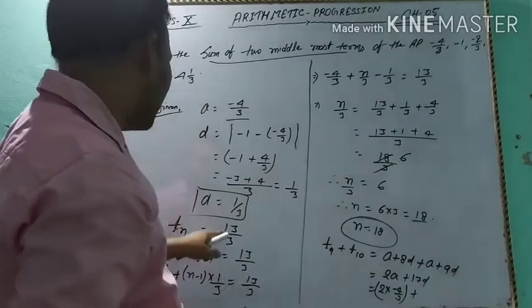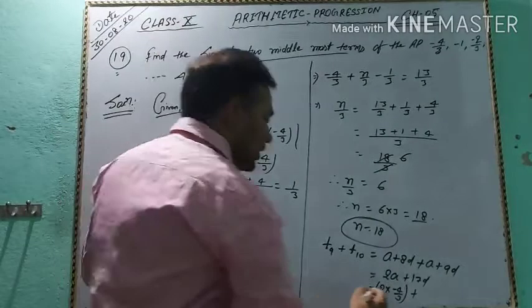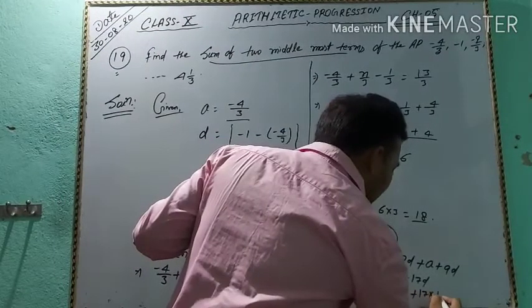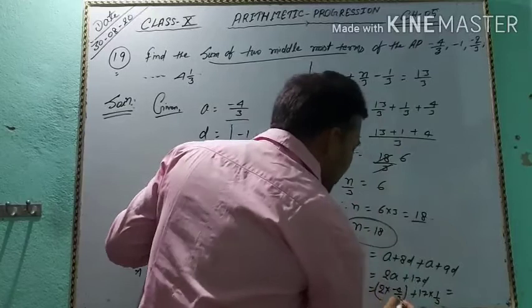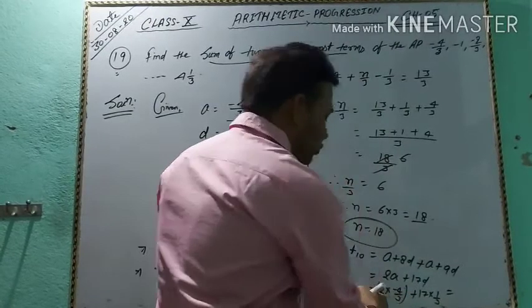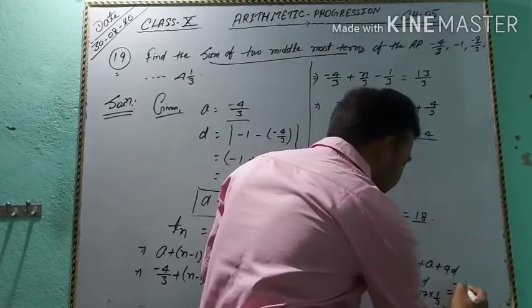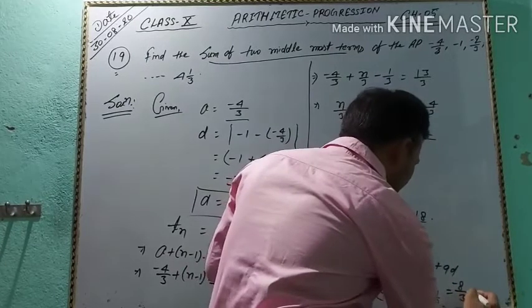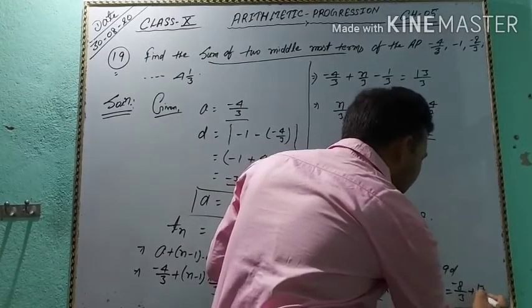The value of d is 1 by 3, so 17 multiplied by 1 by 3, that is minus 8 by 3 plus 17 by 3.